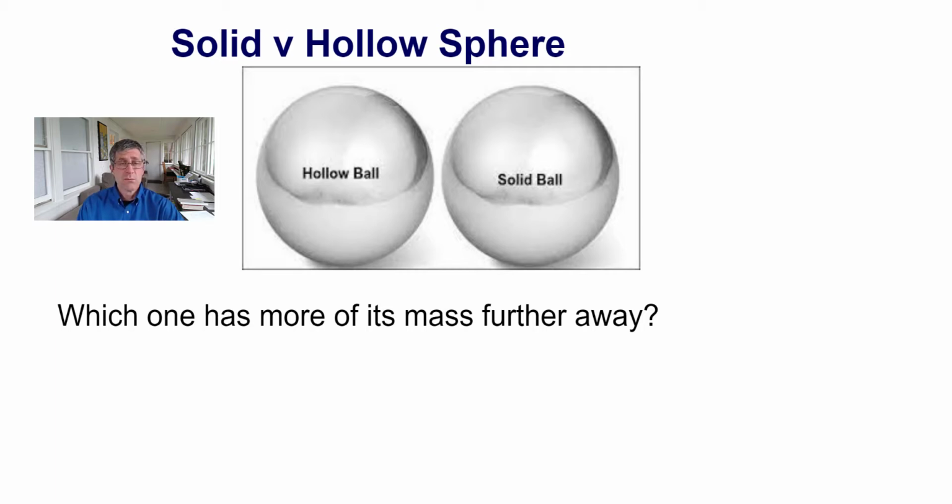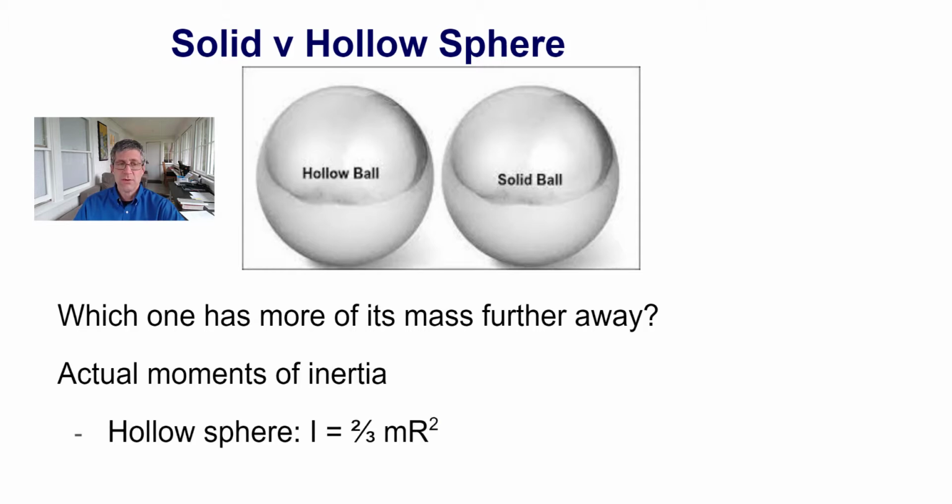And the hollow ball is more similar to my hoop, where a larger fraction of my mass is further away. So it's going to be harder to get the hollow ball to rotate because there's more mass further away, and I expect the moment of inertia for the hollow ball to be larger.